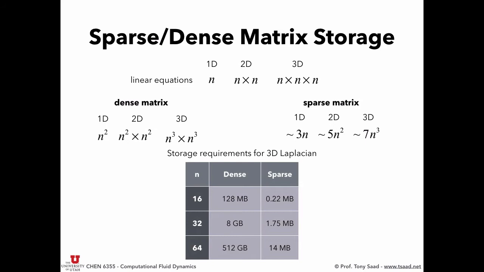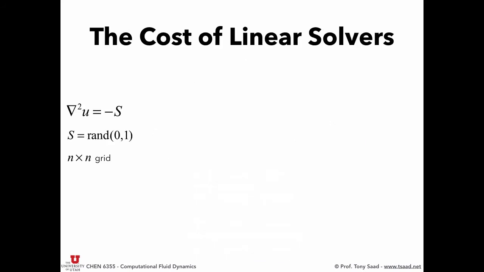Now, the other elephant in the room is the cost of linear solvers. I'm going to preempt what we're going to learn today and convince you that iterative solvers are the way to go. These are numbers I ran at 3 in the morning today, because my son woke me up very early, so I decided to do some work. We're solving del squared u equals minus s with zero Dirichlet conditions on the square, with random numbers inside the square on an n by n grid, using a bunch of solvers that we will learn about later.